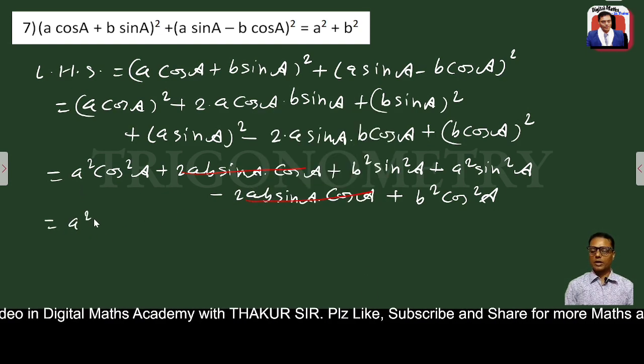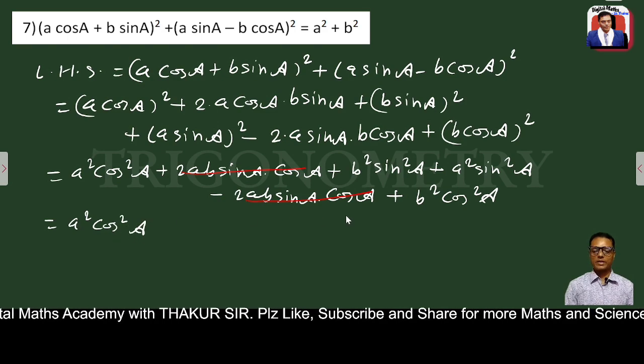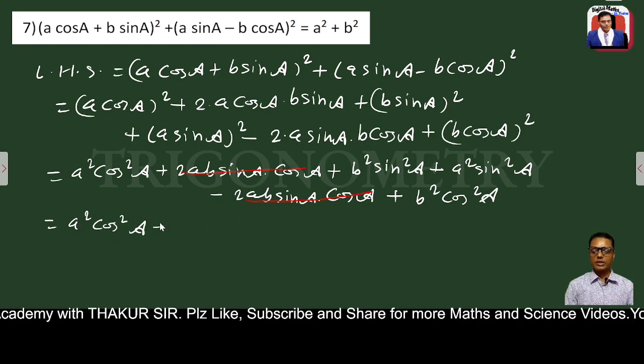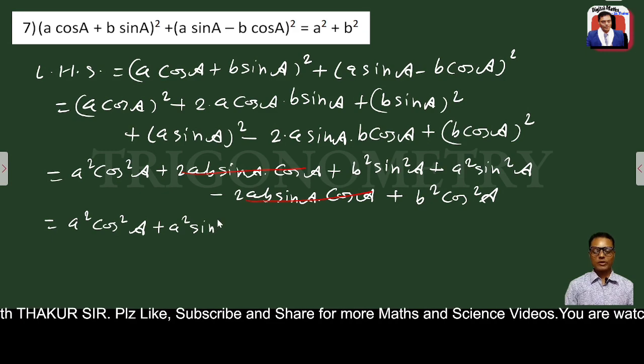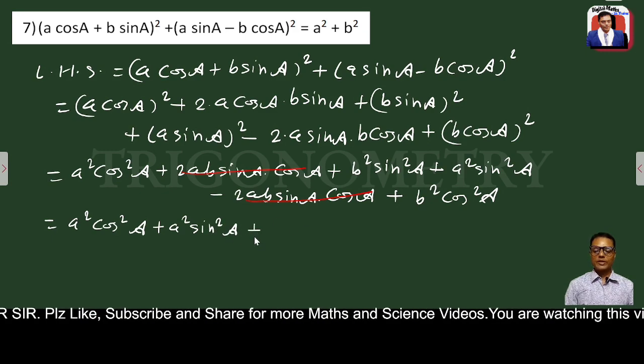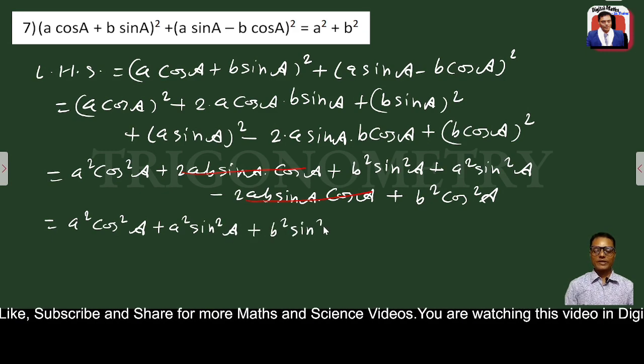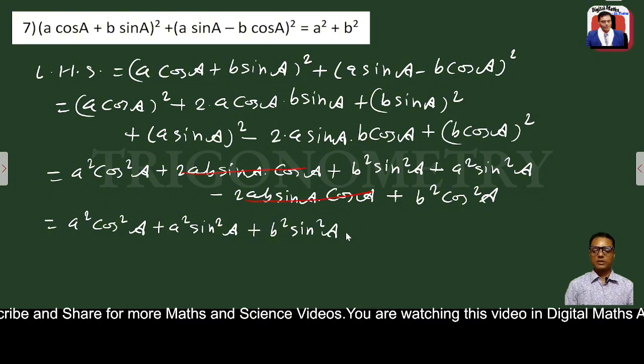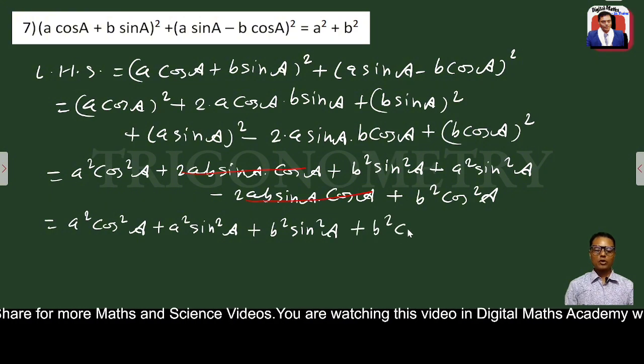So a squared cos square a, and here also we have a squared sin square a. Likewise we have b squared sin square a, and plus b squared cos square a.